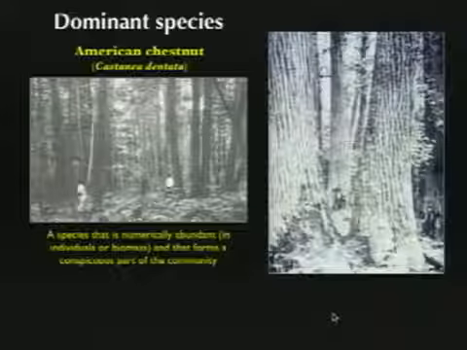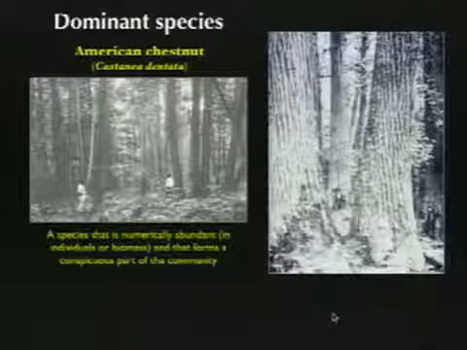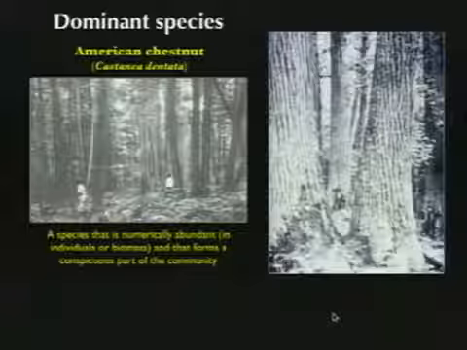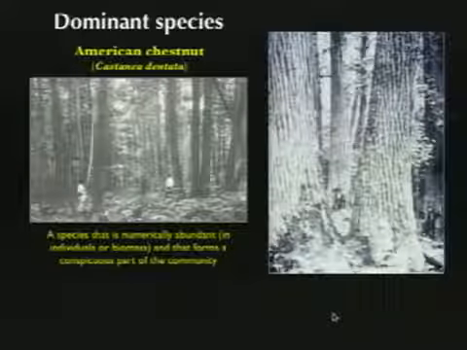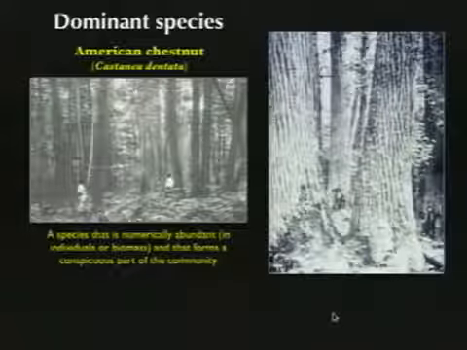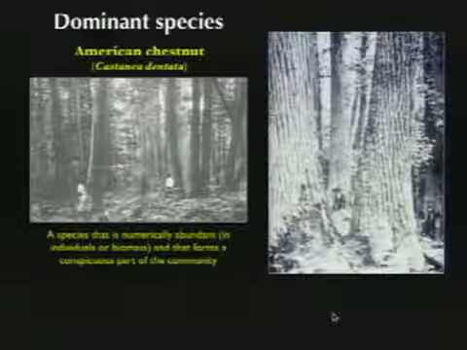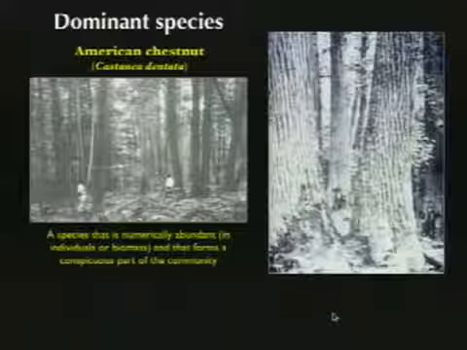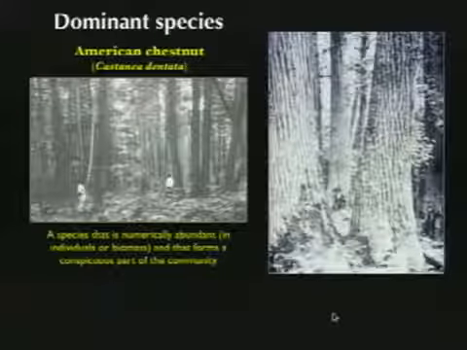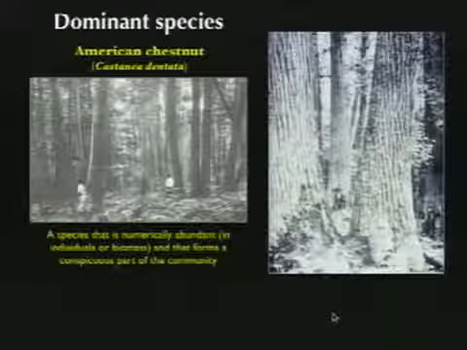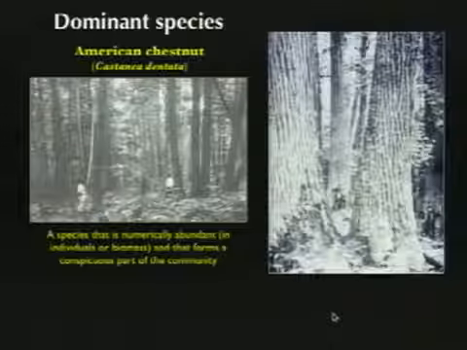In the Appalachian region, these trees could have been as highly represented as a quarter of all big trees in a forest. They were numerically abundant, and they had the highest biomass of any tree species in these systems, and they were massive, fabulous, big trees.